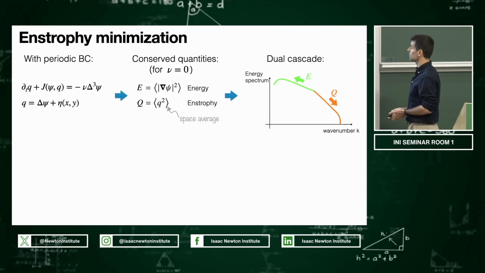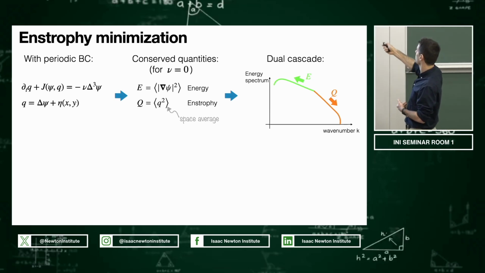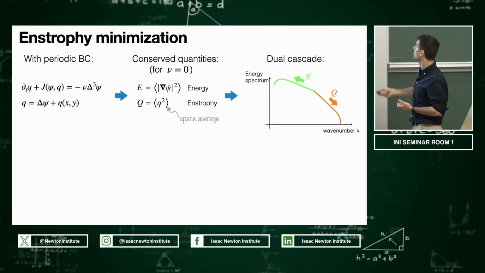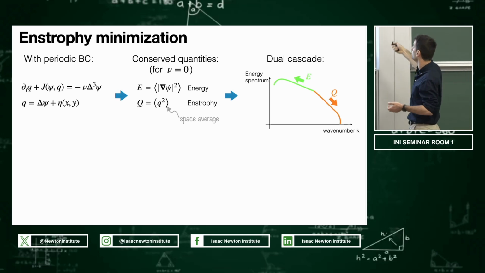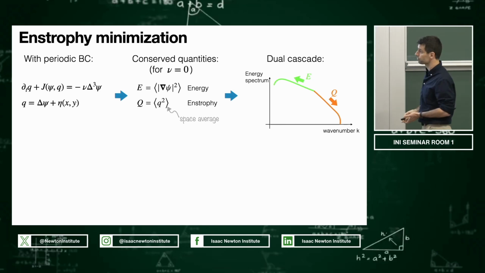Okay? So now, based on the dual cascade phenomenology, you think, well, if I start with stuff here at some intermediate scale, then the entropy will be transferred to higher wave number and will be robustly dissipated by nu, regardless of how small nu is, whereas the energy should go to large scales and will be conserved in the limit nu going to 0.